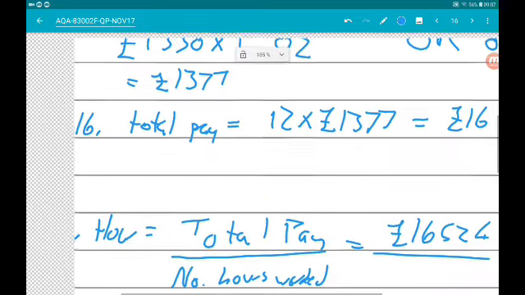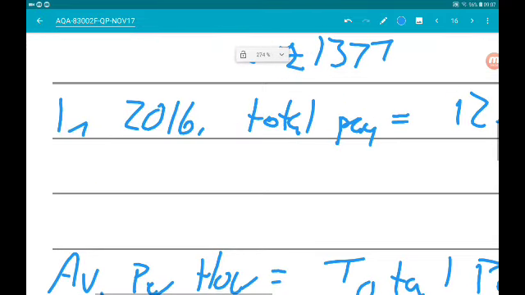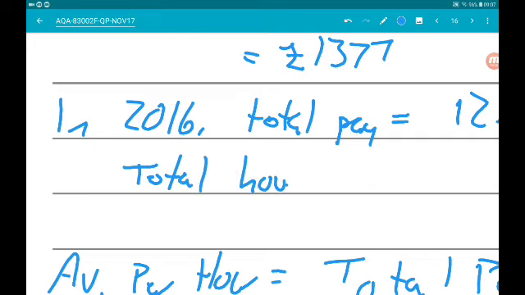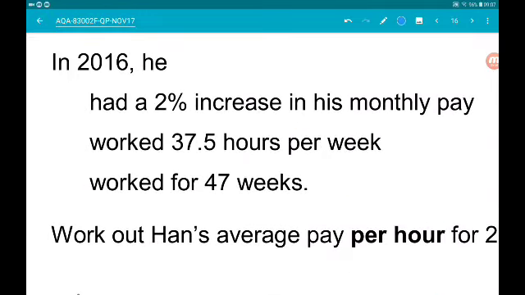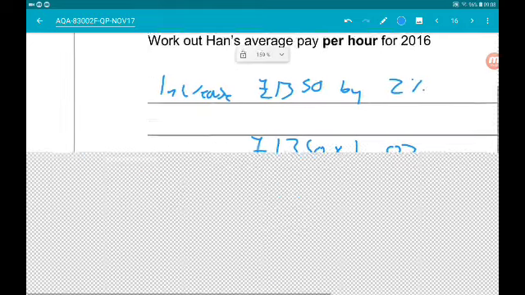Okay, so his total hours worked is, well, he worked 47 weeks, 37.5 hours per week.